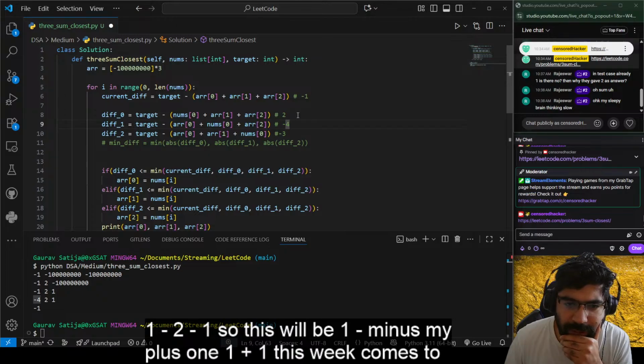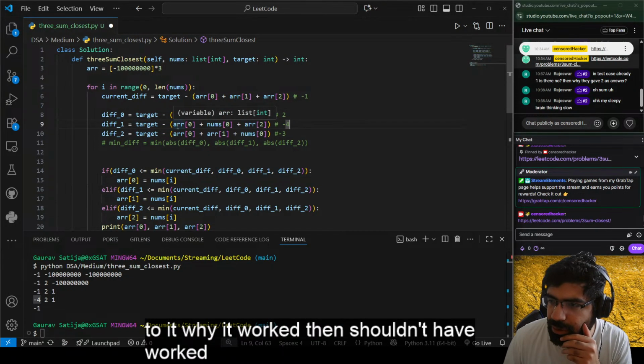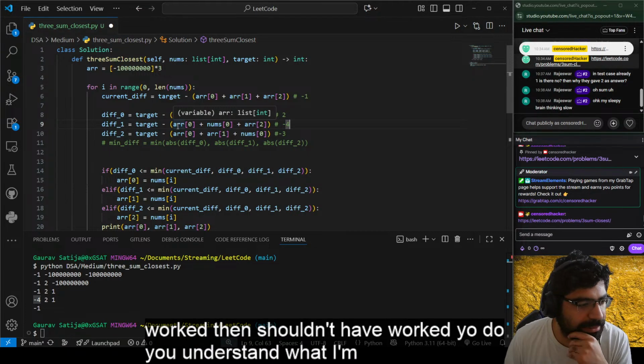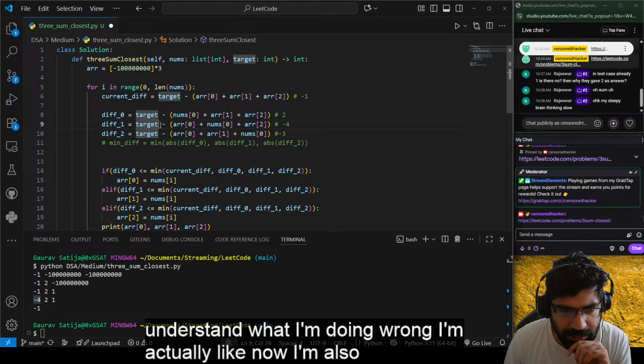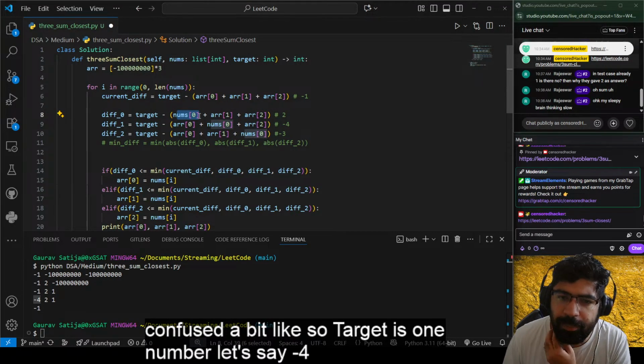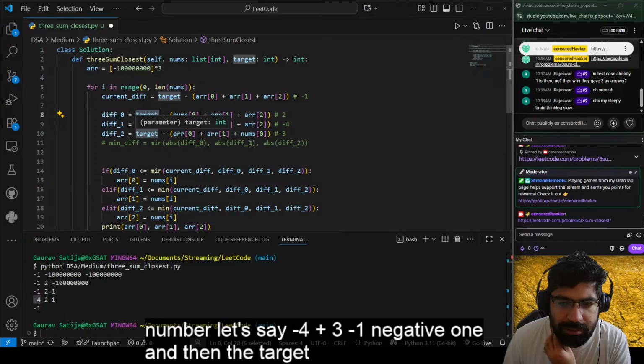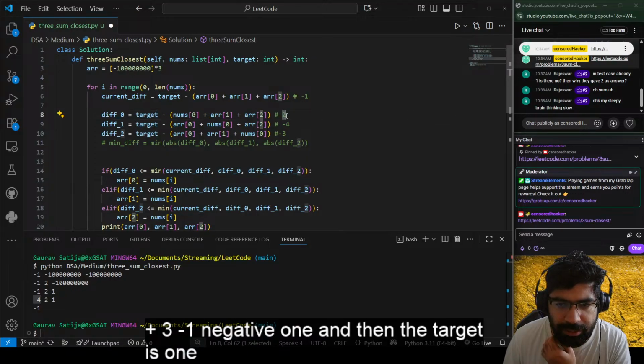Wait, why did it work then? It shouldn't have worked. Do you understand what I'm doing wrong? I'm actually now also confused a bit. So target is 1. Num0, let's say -4 plus 3, -1. -1, and then the target is 1. 1 plus 1, 2.